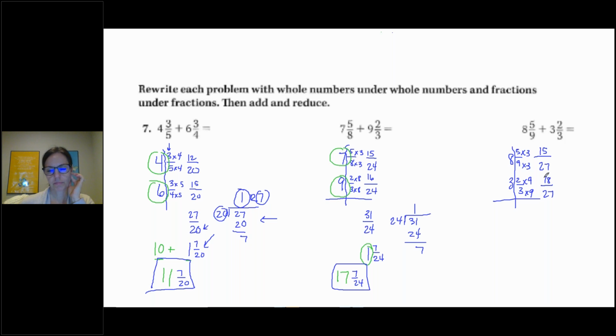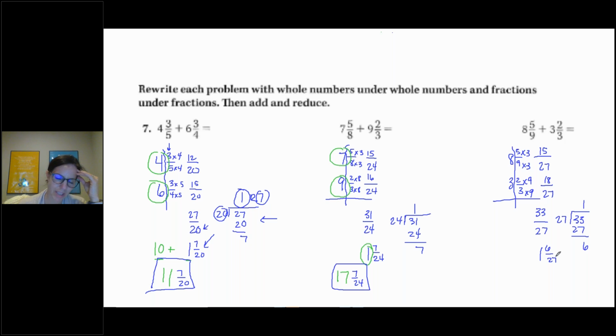What do you get? 33 over 27. And then 27 goes into 33 once, with a remainder of 6. So what does that give you? One and 6 over 27.